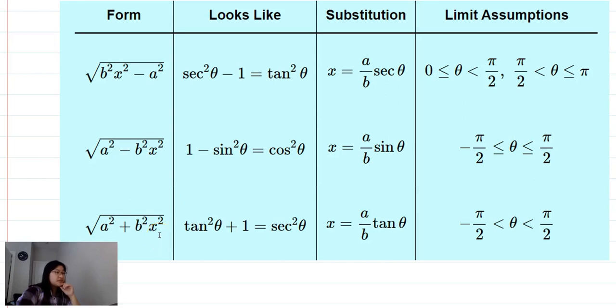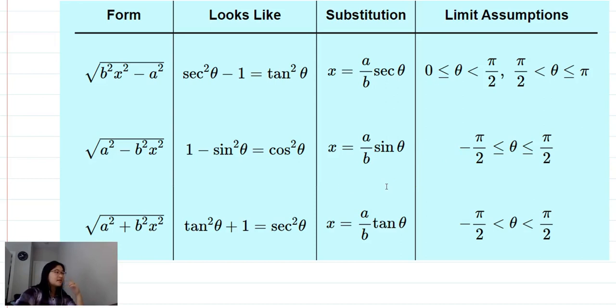So that's the general idea, where the trig substitutions that we're going to do are either a secant, a sine, or a tangent. And it is important to keep in mind what your theta is allowed to be, because if you break the trig function, then your substitution no longer works.